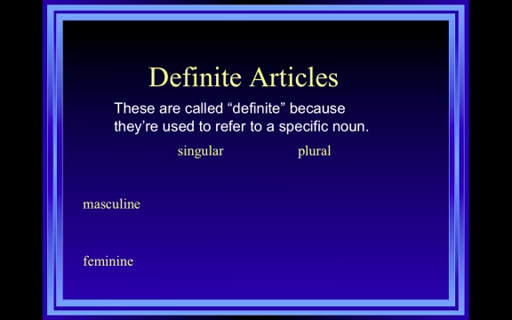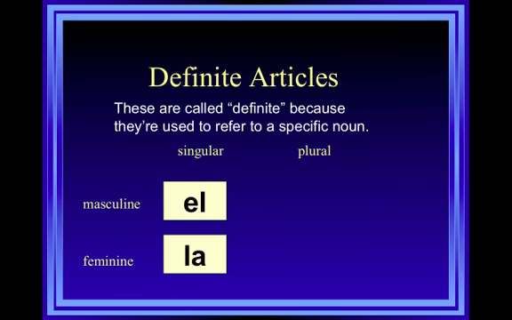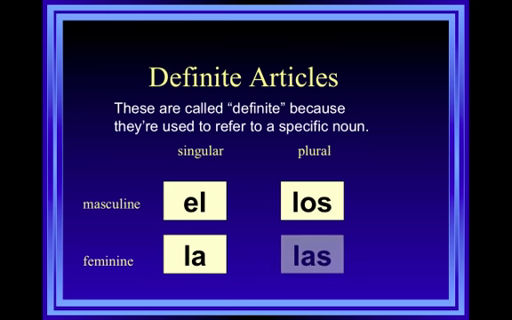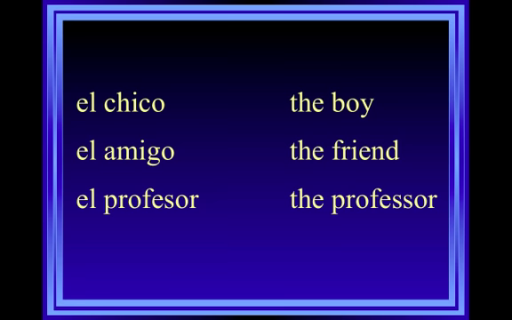Now we can move on to discussing definite articles. These are called definite articles because they are specific things. This is an example of I need the pencil on the table. Not just a pencil at random, but I need a specific pencil. And here they are in Spanish. El, la, los, and las. So here we have our examples with all masculine words. We use el.